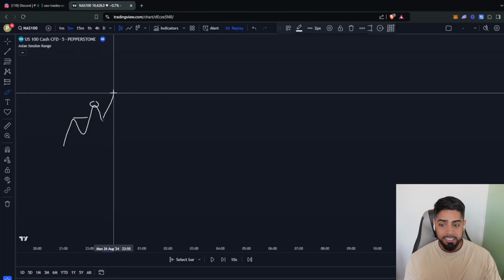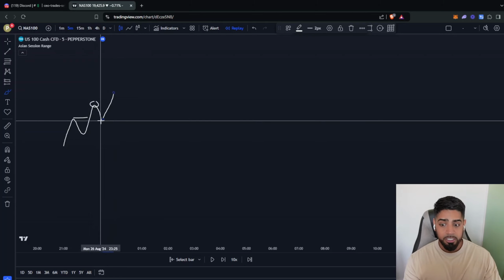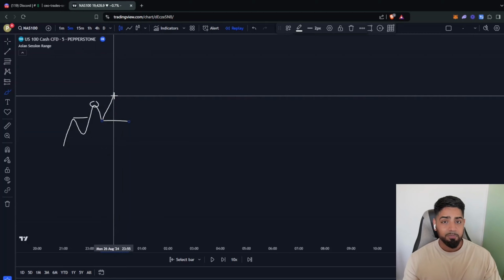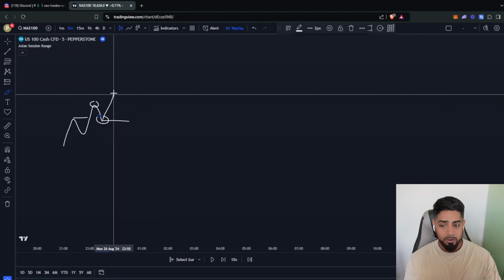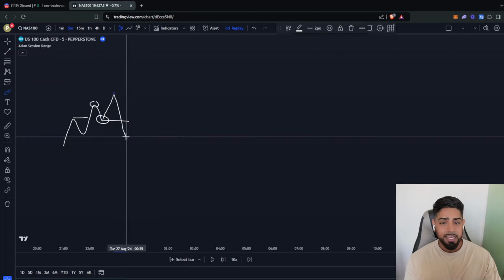So in order for us to get a market structure shift, the market has to shift from a bullish state of delivery to a bearish state of delivery. Therefore, this is our previous higher low. Price simply has to break below that and put in a brand new lower low. This means the market has shifted from bullish to bearish, giving us a market structure shift.